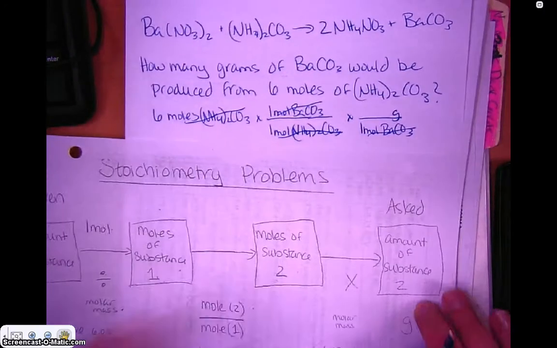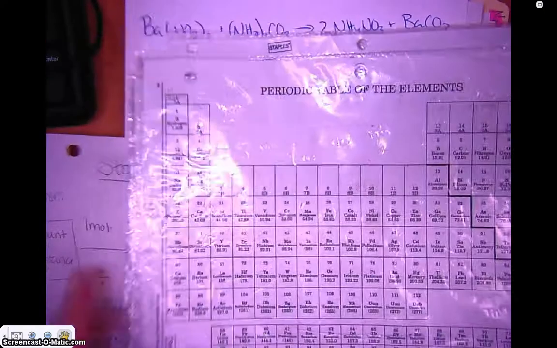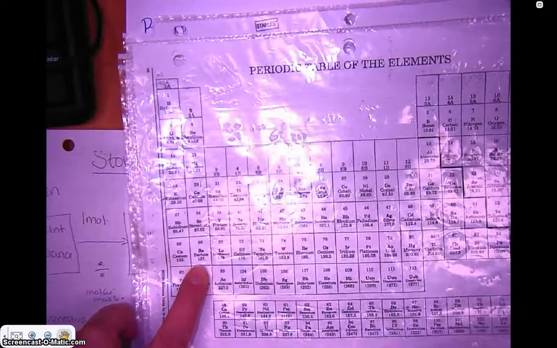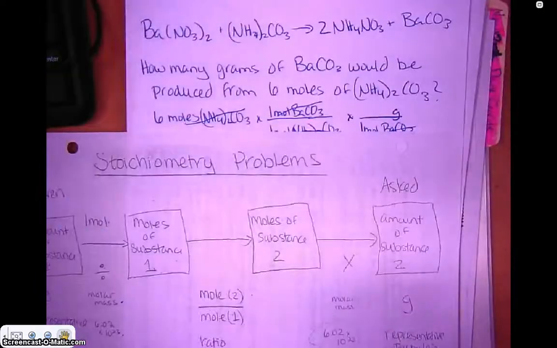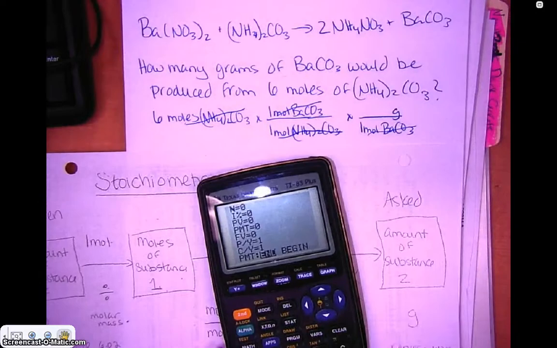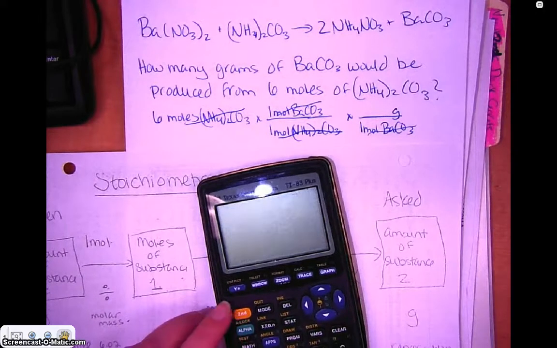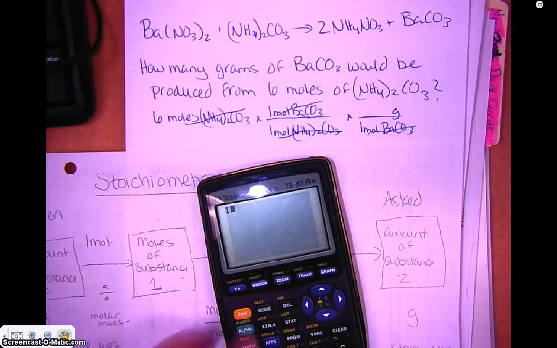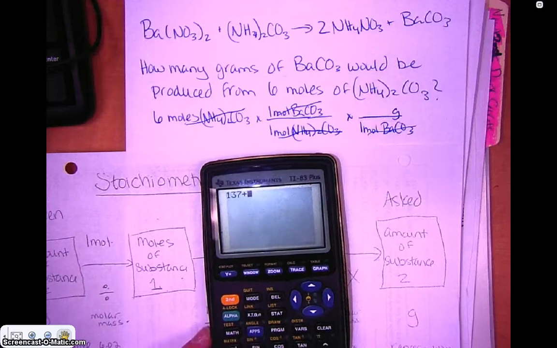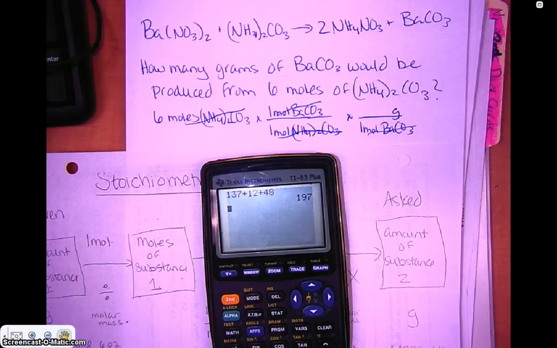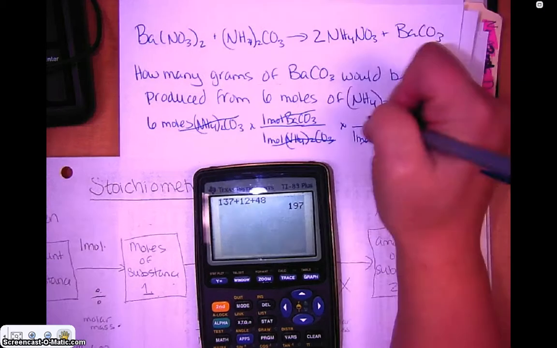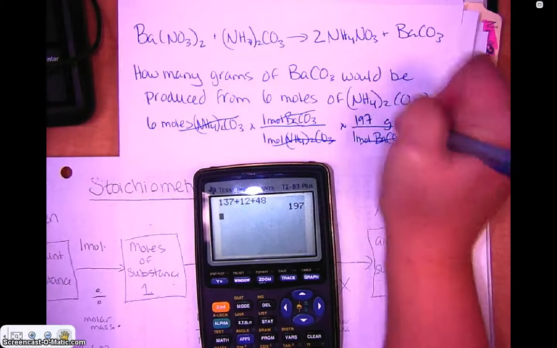Looking up here, barium is 137, plus a carbon, which is 12, plus 3 oxygens, which is 48. So the molar mass of barium carbonate is 197 grams.